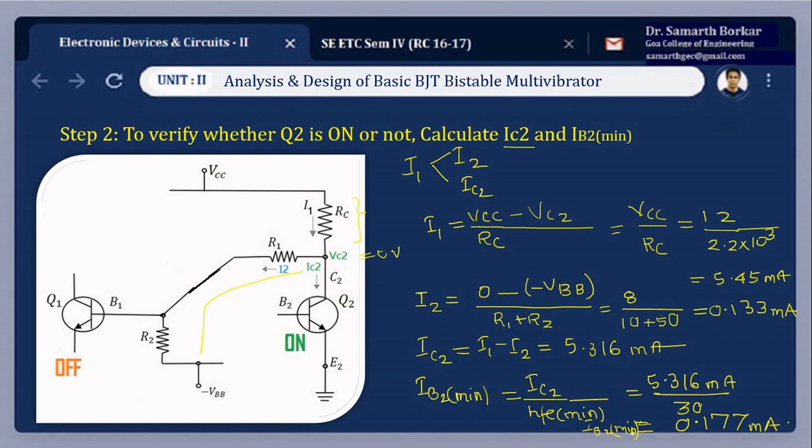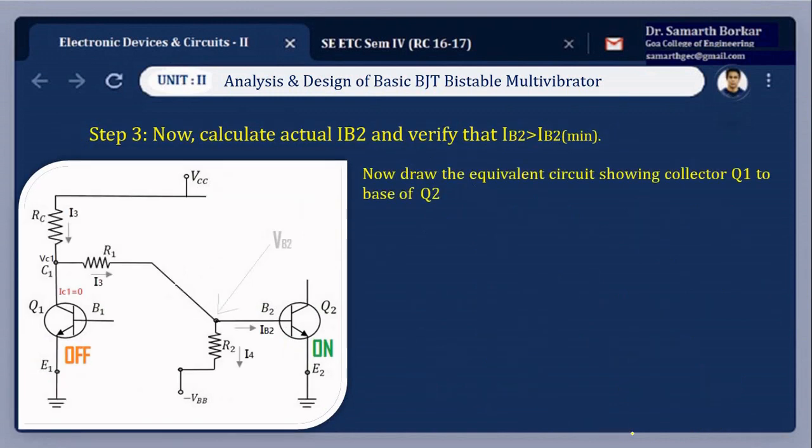So now we are going to find the value of IB2. Next step: calculate the actual value of IB2 and verify that IB2 is greater than IB2 minimum. I'll just write down the values.